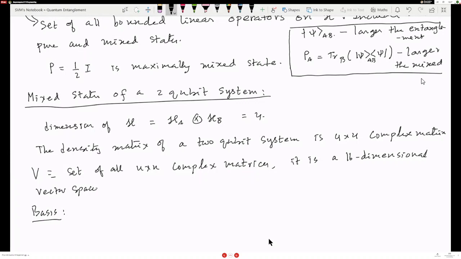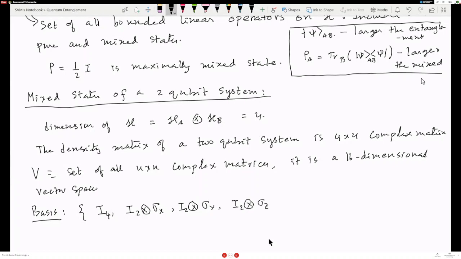Now, the basis is something like this. You have an identity. This will be a 4x4 identity, so let me call this I4 to say that it is a 4x4 identity. Then you can have I2 product sigma x, I2 product sigma y, and I2 product sigma z, where I2 is the 2x2 identity.